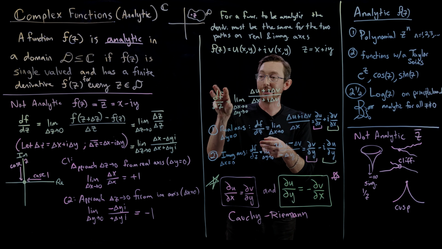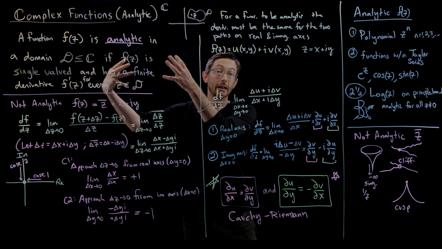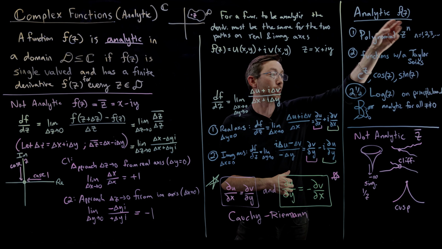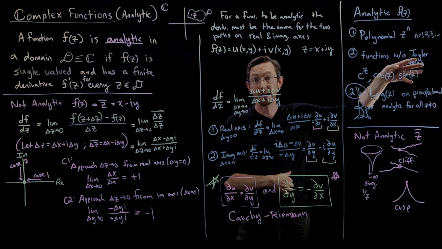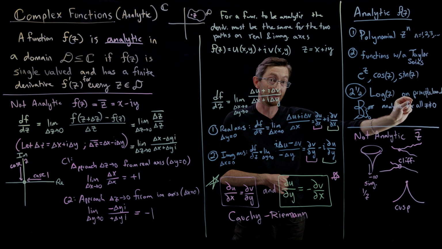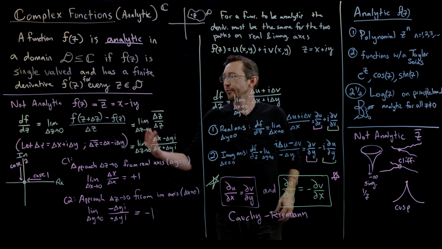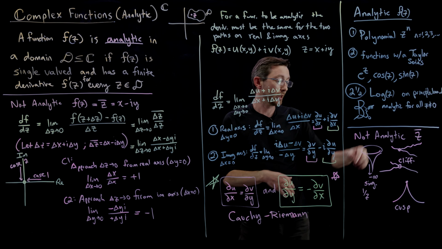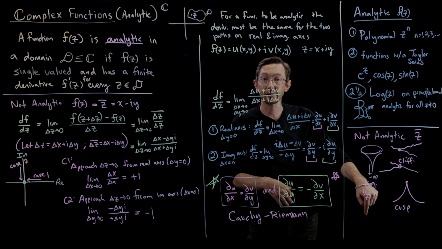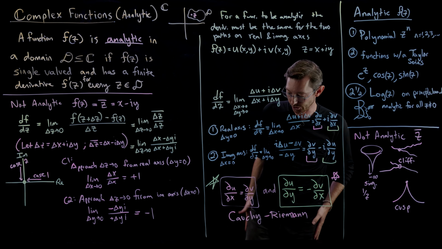And that is necessary and sufficient to have a well-defined derivative so that I can do calculus. Functions like polynomials, exponentials, cosines, and sines, and even the logarithm on its principal branch away from the origin are examples of analytic functions. Weird functions like the complex conjugate, or singular points at a singularity, or cliffs or cusps are typically not analytic functions.